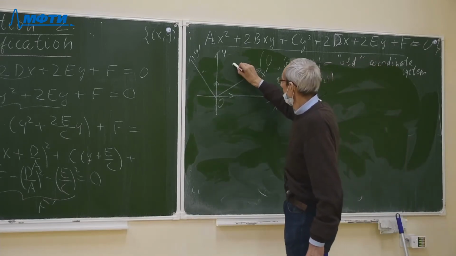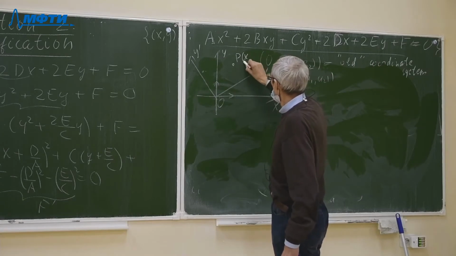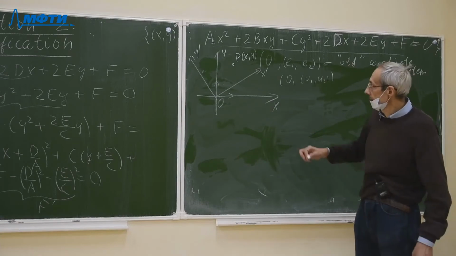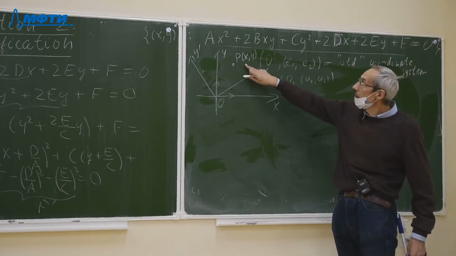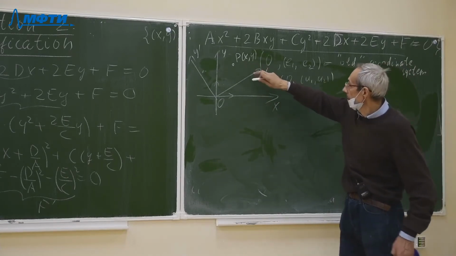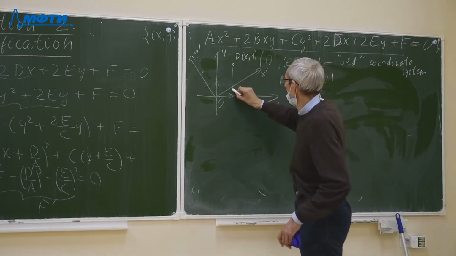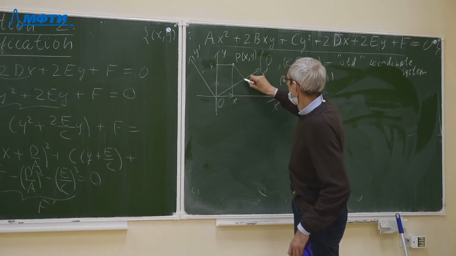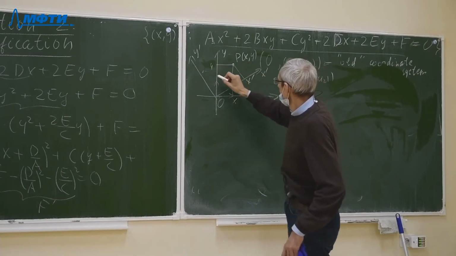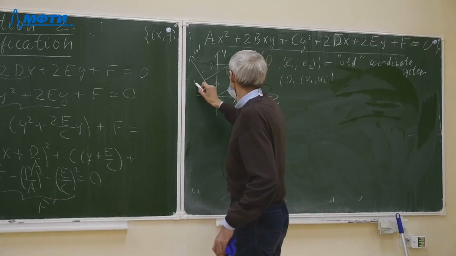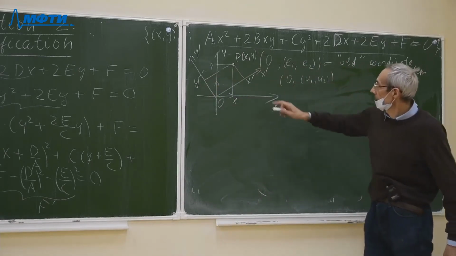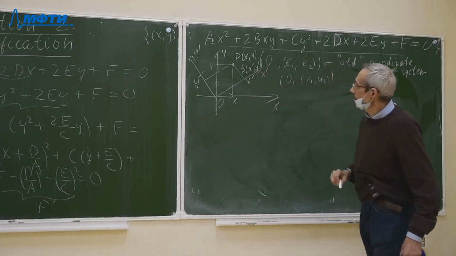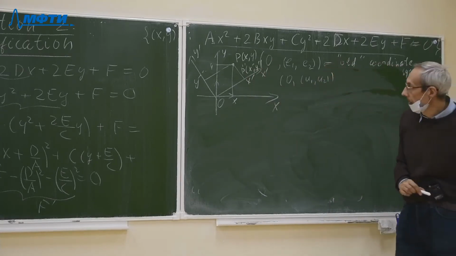Let P be an arbitrary point which has in the old coordinate system coordinates x, y, and in the new coordinate system, this point has the coordinates x prime, y prime.